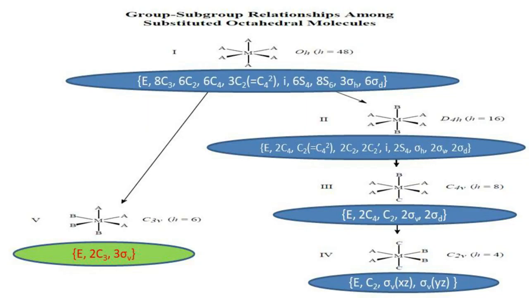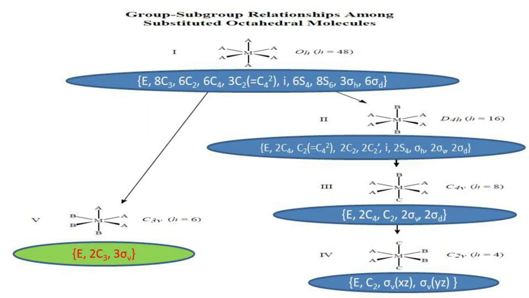Similarly, one more example I give you. Compare structure number 1 with structure number 4. In structure number 4, C3 operations are not there, but C2 operations and vertical planes are part and parcel. So whichever C2 and vertical planes are in structure number 4, they are there in other terms in structure number 1. Therefore, structure number 4 is a subgroup of structure number 1.